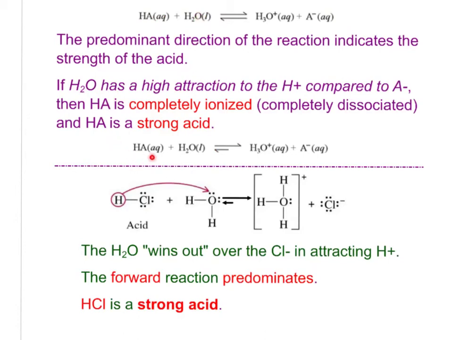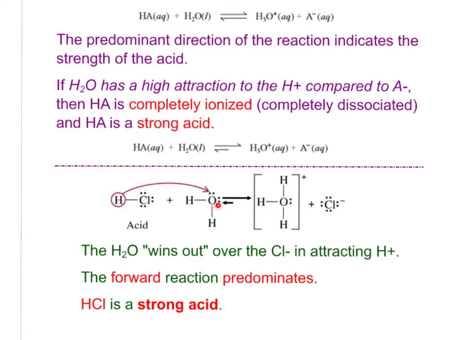And so if HA is a strong acid, we are going to write an arrow that is longer going to the right because it is going to favor that direction in our reaction. In essence, the water wins out over the chloride anion in attracting the proton. And because the water wins out, we favor these being formed rather than the reverse reaction happening.